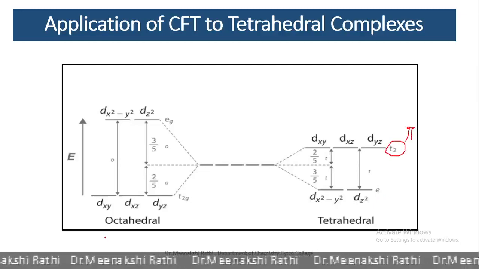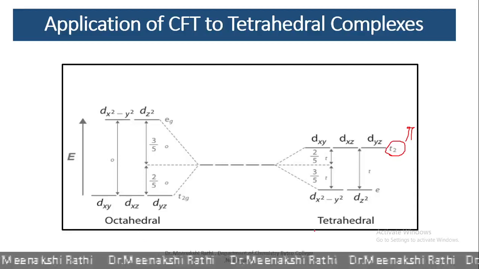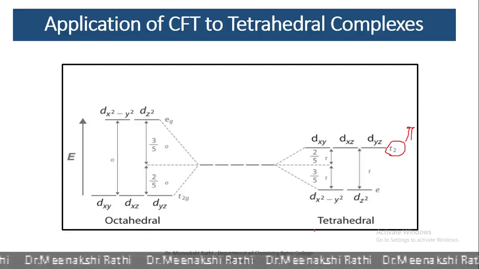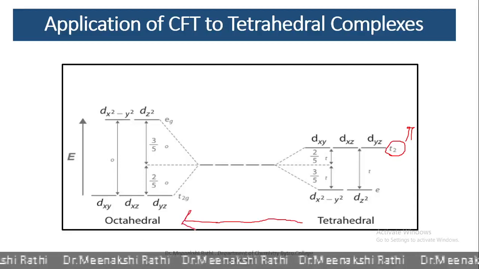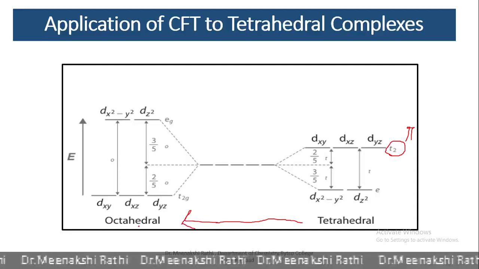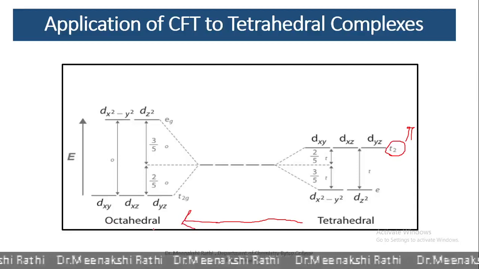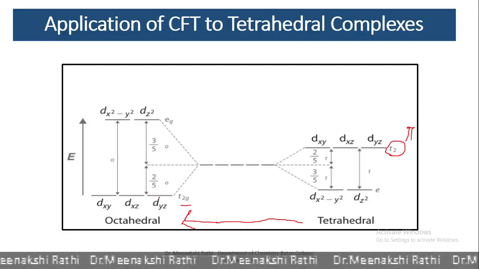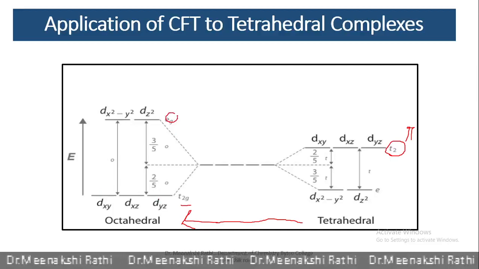Here you can see the energy difference, or the crystal field splitting, of tetrahedral complexes is exactly the opposite of what we have already discussed in octahedral complexes. All of you know in octahedral complexes, the 3 T2g orbitals' energy is lower as compared to the 2 Eg orbitals.